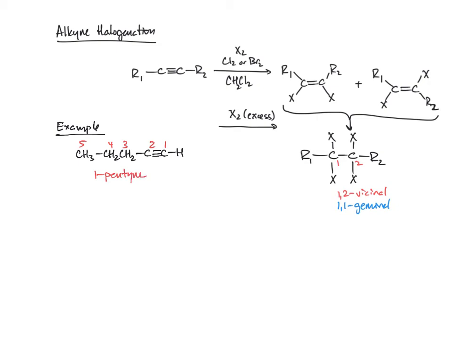And say we're going to treat that with bromine. To begin with, we're just going to use 1 mole equivalent. So what that means is 1 mole of this for 1 mole of this, so a 1-to-1 ratio, which essentially we're going to add the bromines across the triple bond, implying that we're going to end up with cis and trans geometrical isomers. So let's go ahead and draw those out.